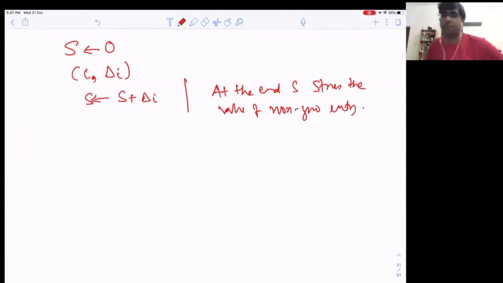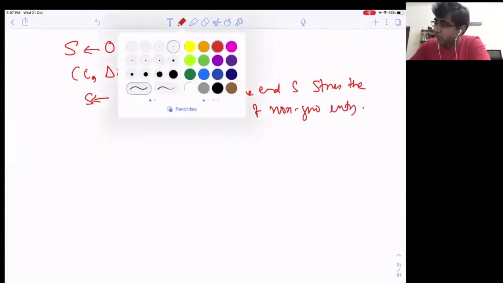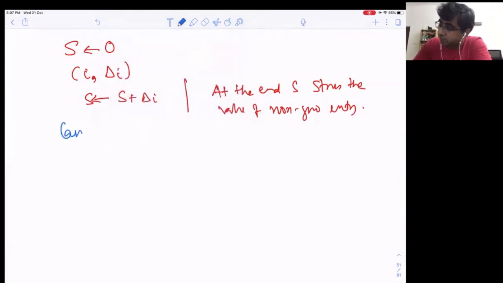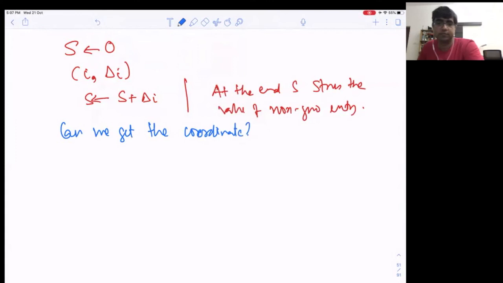But this does not tell me which coordinate it is. Can I somehow get coordinates?